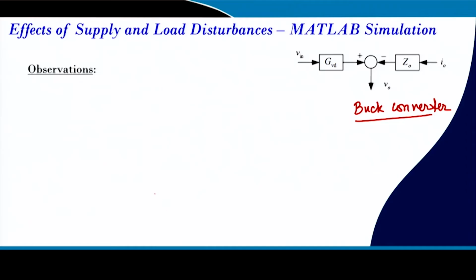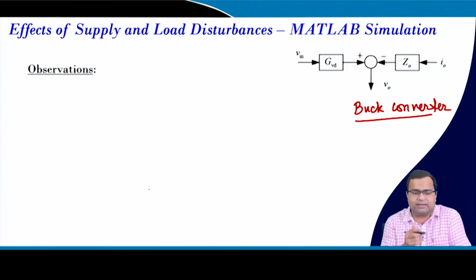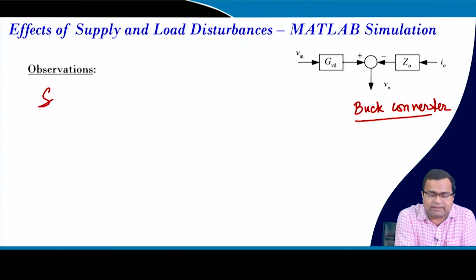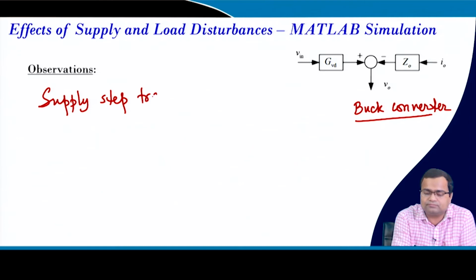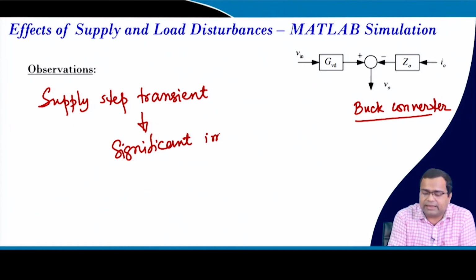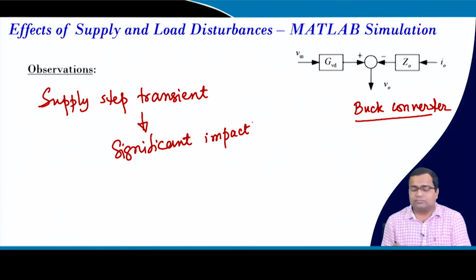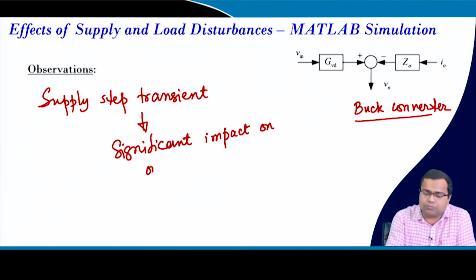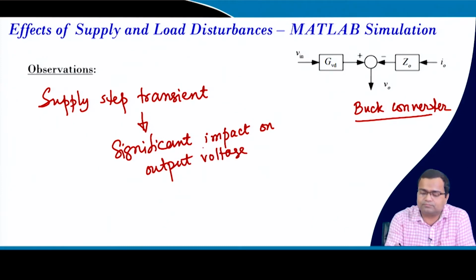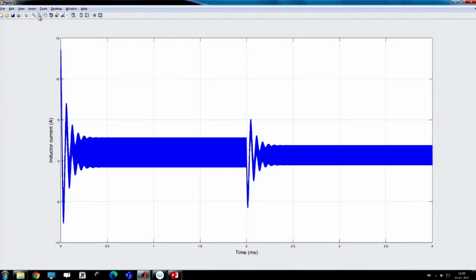So, then let us go back to our presentation. What observation did we make? That the supply disturbance, that means the supply step transient, has a significant impact on the output voltage, as well as, so we need to check the inductor current also, right.